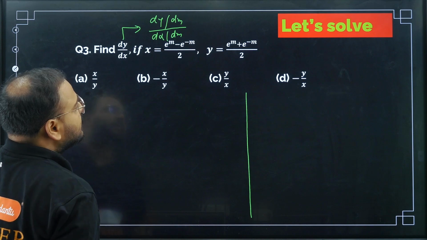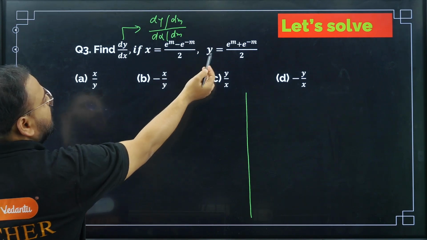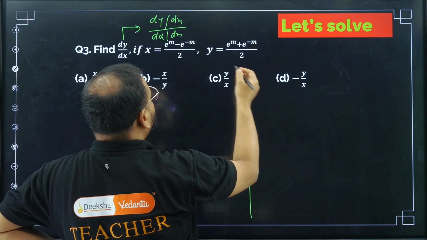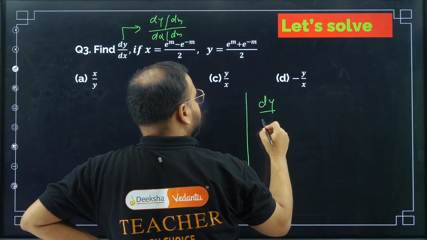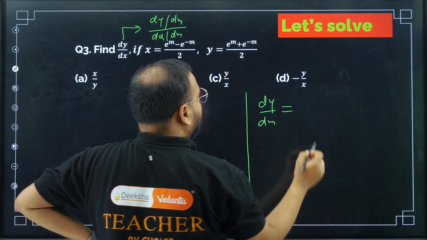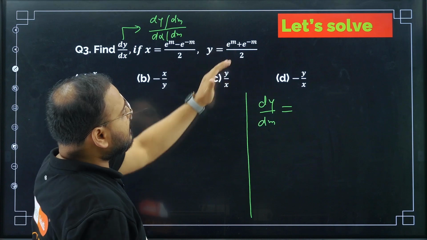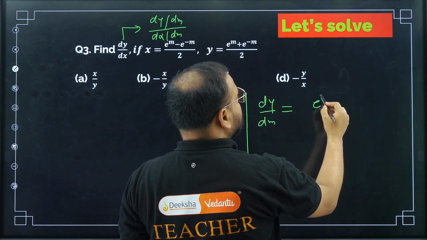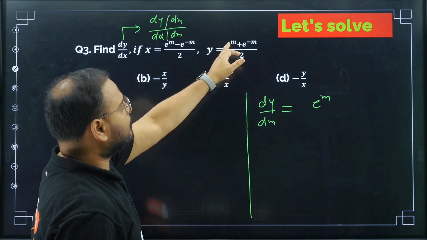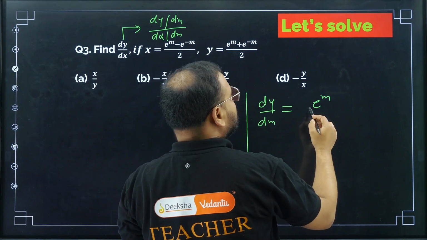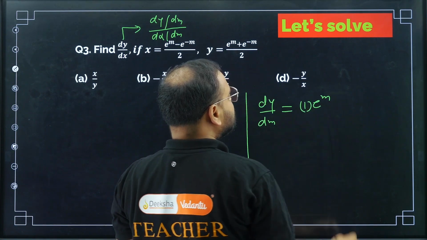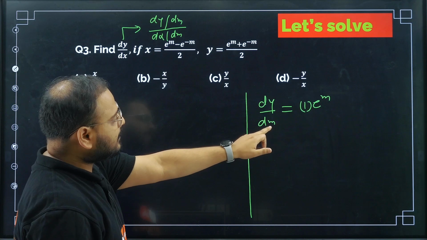First for this part, I'm going to do dy by dm. e power m will remain as it is, and the differentiation of m is 1 only, because I'm differentiating with respect to m.